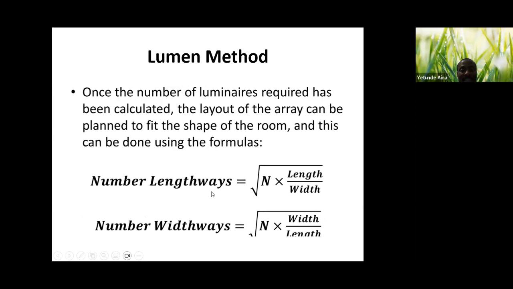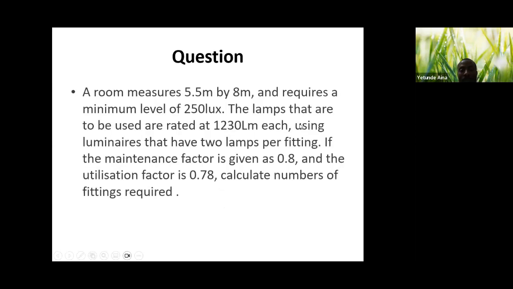To do that, the number length ways is calculated using the square root of capital N multiplied by length divided by the width, and the number width ways is calculated using the square root of capital N multiplied by the width divided by the length. So this is the formula for number width ways, and this is the formula for number length ways. With that, we can easily do the array.